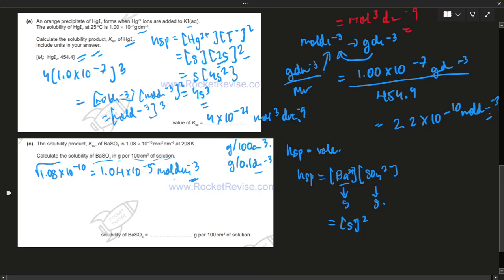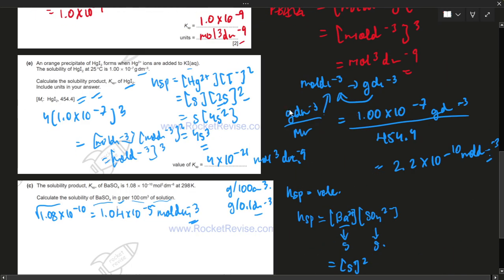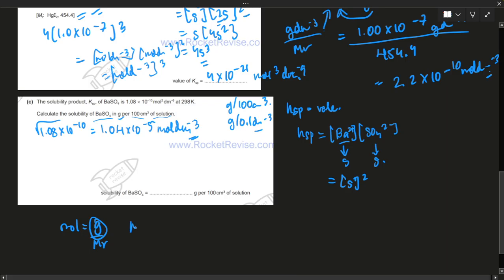Anyways, to convert this to grams, we have to do the reverse of what we did here. For example, here we went from grams to moles, right? So looking back at the equation to find moles, it's basically grams divided by Mr. So if you want to get grams, all you have to do is multiply moles by Mr. The Mr of barium sulfate, I think, is 233.4.